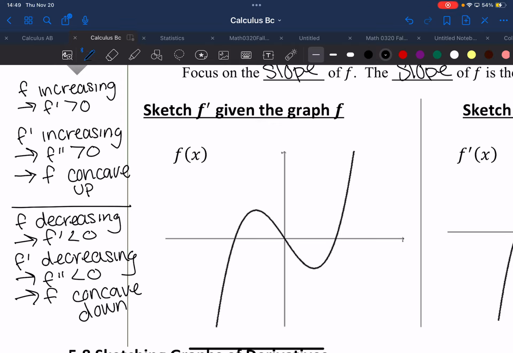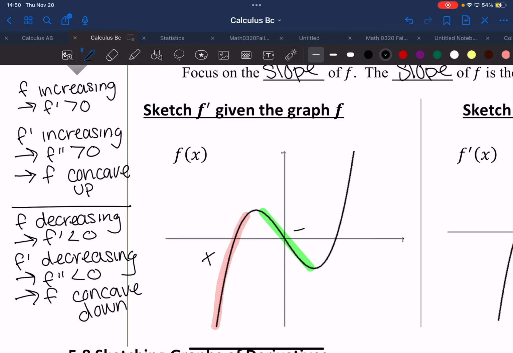On the first one, they give us the graph of the function f of x, and they want us to sketch the derivative. So we need to look at the slope of each part of this function, because that's going to tell us how to draw the derivative. For example, we have this section of the function here. What slope would that be? Positive or negative? Positive. What about this next part here?